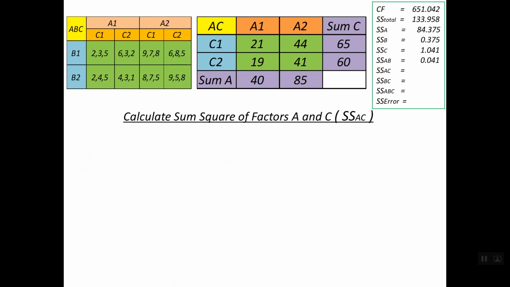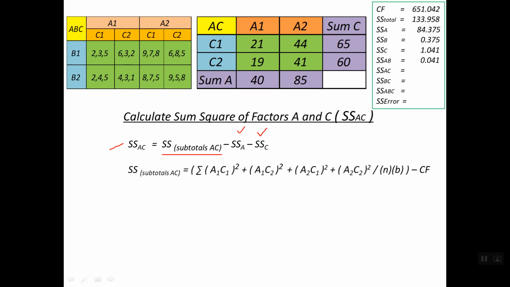In the same way, for the sum of squares for factors A and C, which is SS AC, this is the formula to calculate the SS between A and C. We have this value, which is unknown, and these values are known.